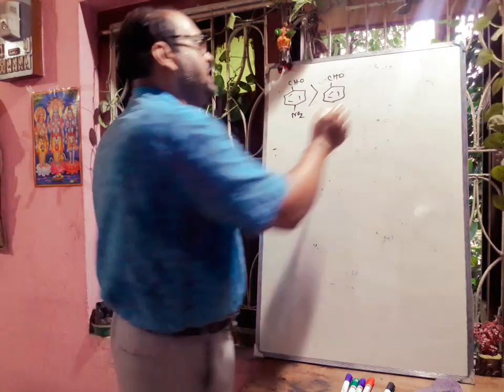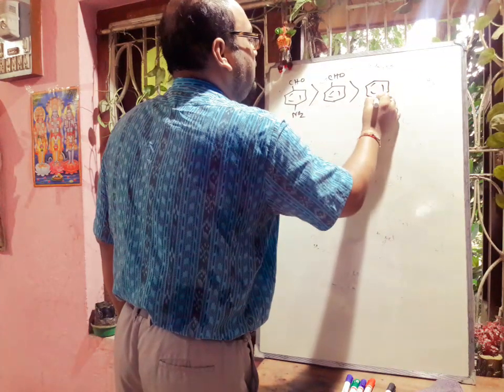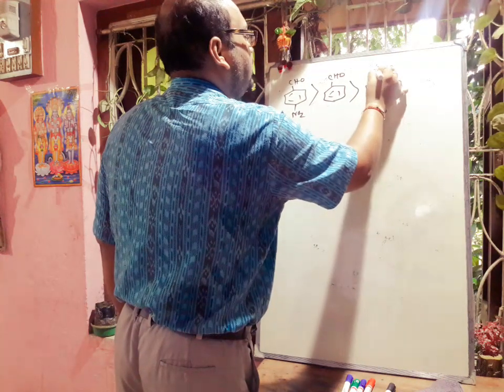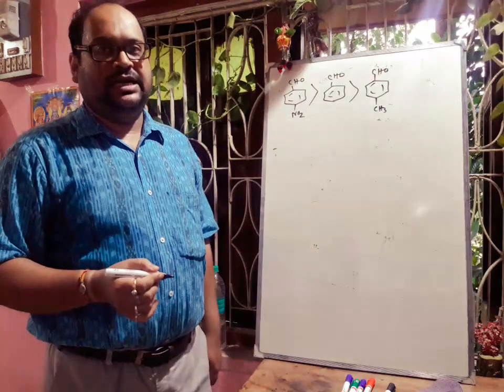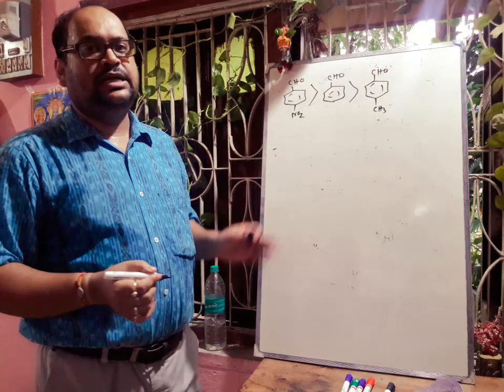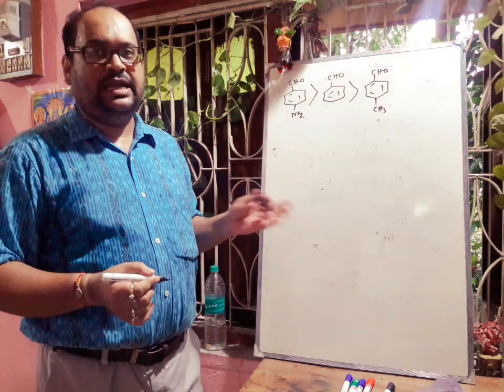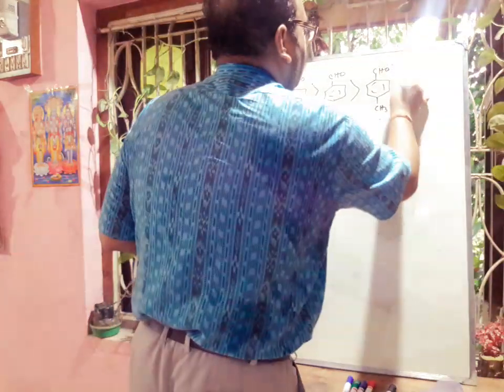Next, if we insert one alkyl group in the para position, the reactivity will be less compared to benzaldehyde. In this way we can easily understand the reactivity order of different aldehydes and ketones. But if we draw one ketone, definitely it will be less.